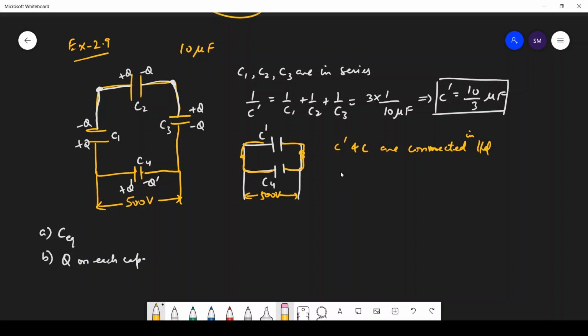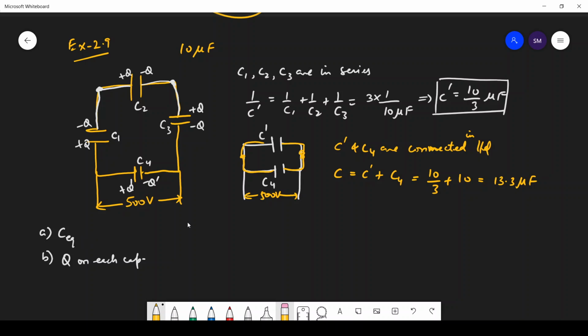Now the equivalent capacitance, so this is C dash and C4. The equivalent capacitance will be C, and this is the equivalent capacitance of the circuit now. So C is equal to C dash plus C4, the formula for parallel, and that is equal to 10 by 3 plus 10, which equals 13.3 microfarad.